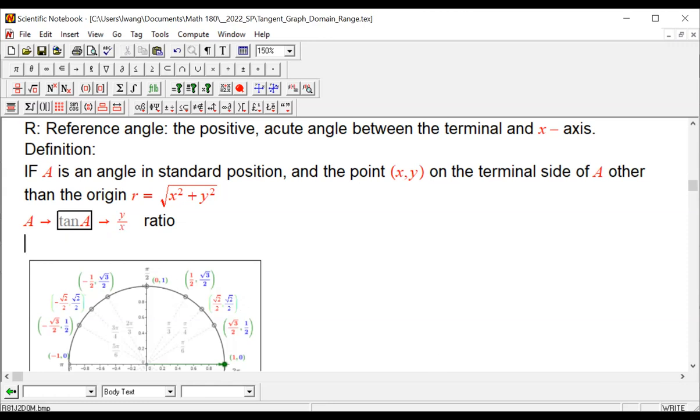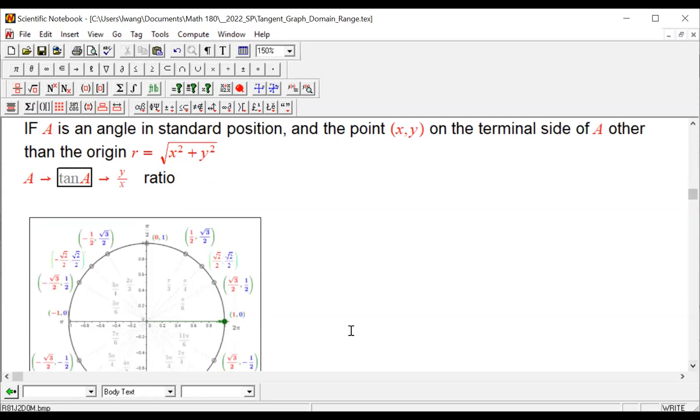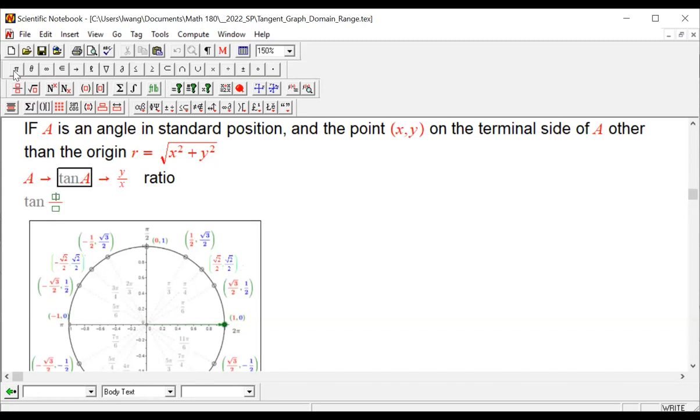Take the example, okay, of pi over 6. Tangent of pi over 6, right? How would we find the ratio? Y over x, right? So we go by definition.